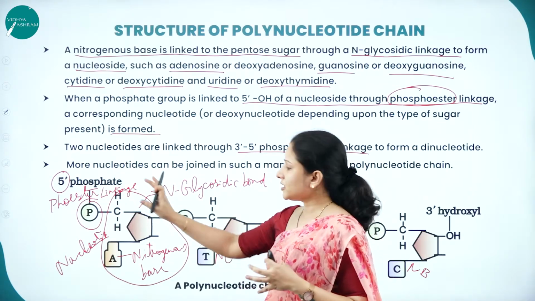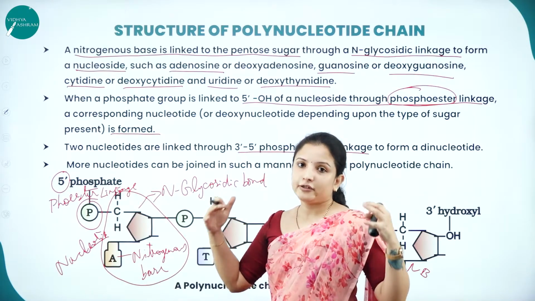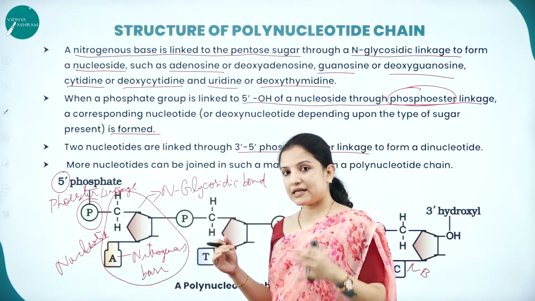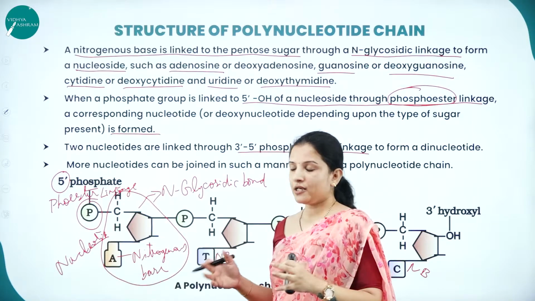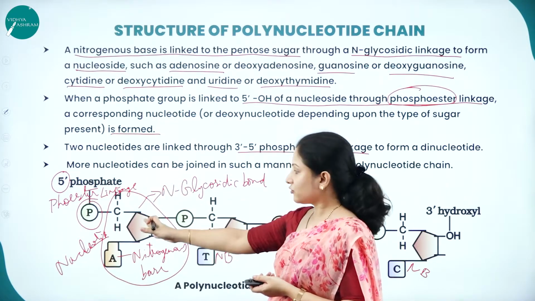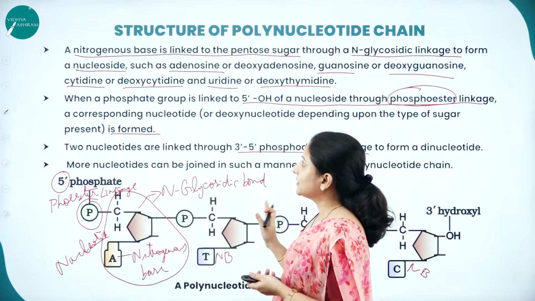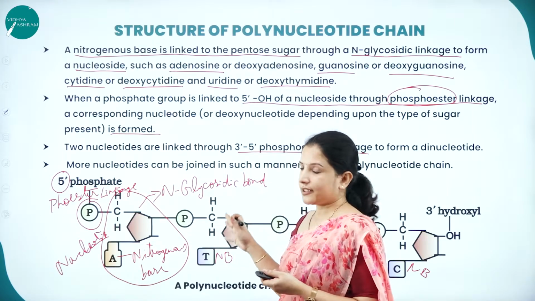So that is how each of these nucleotides link to one another, forming a polynucleotide chain. Therefore, DNA is a polynucleotide chain made up of nitrogenous bases, a deoxy pentose sugar, and a phosphate group. So this is about the structure of the polynucleotide chain.